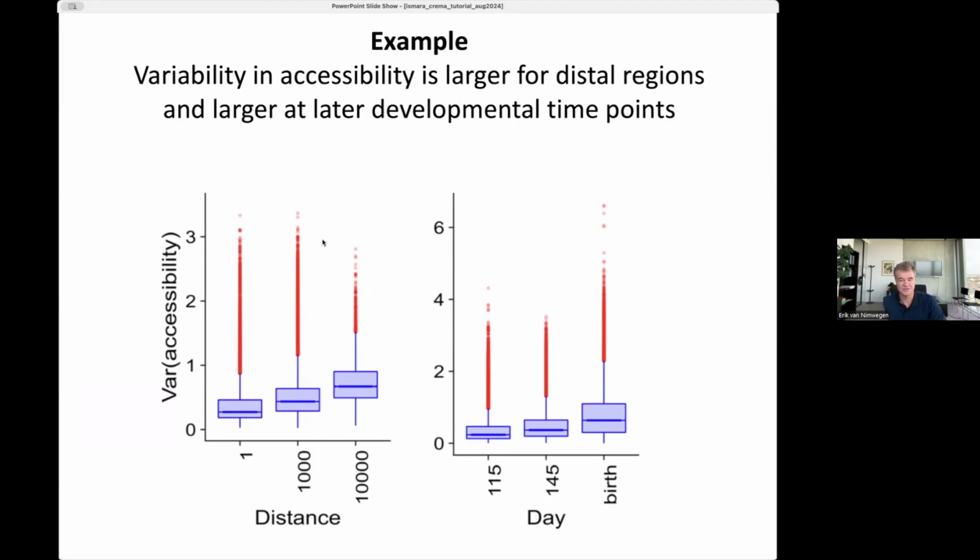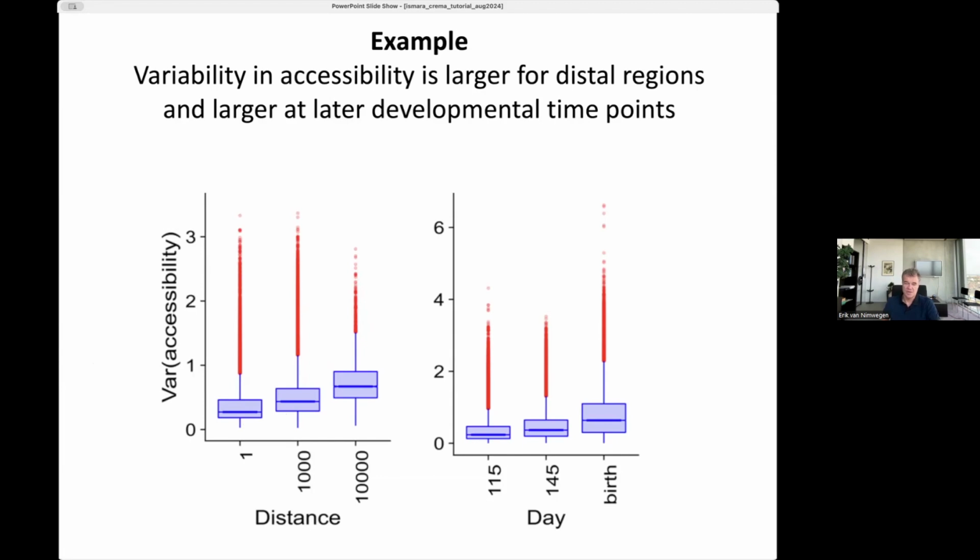Okay, so these are distal, these are not at the promoter, but near a promoter, and these are at the promoter. And then we plotted the distribution of how variable the accessibility is of the CREs that are at promoters, near promoters, or far from promoters. And you see that the CREs that are far away from promoters tend to be clearly more variable than the CREs at promoters. That is to say, the accessibility at promoters varies a lot less than the accessibility at distal regulatory elements.